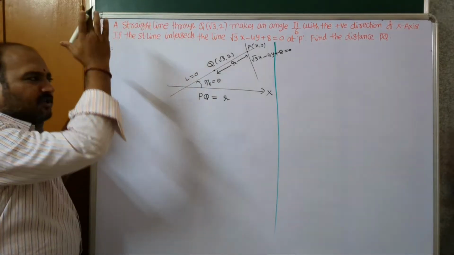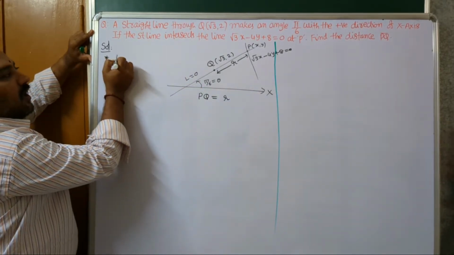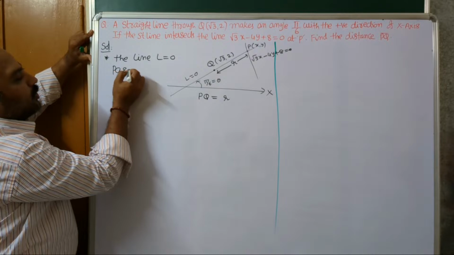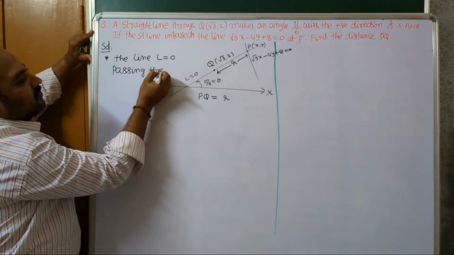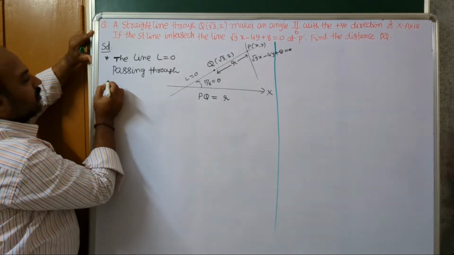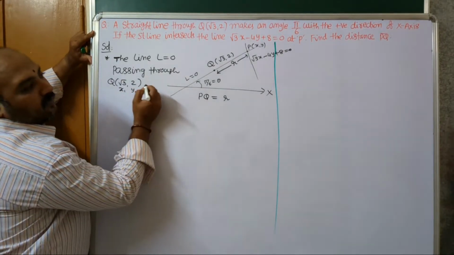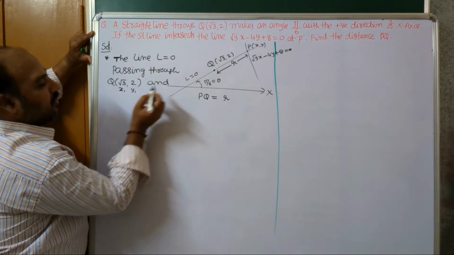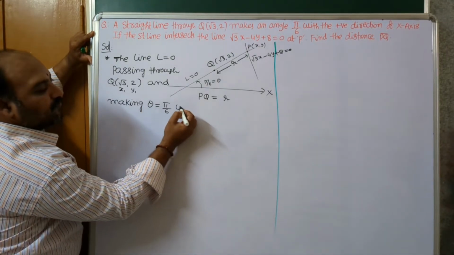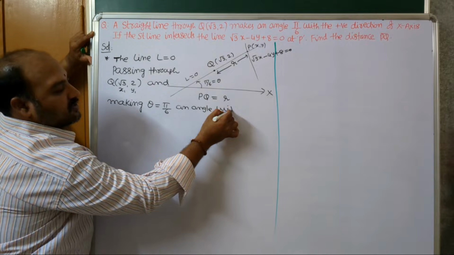Whatever the matter is in the question, write that as the first step. Let L equal to 0 be the line passing through Q of root 3 comma 2, that is x1 y1, you have to assume, dear students, and making an angle theta equal to pi by 6 with the positive x-axis.